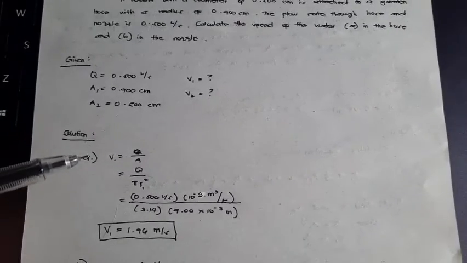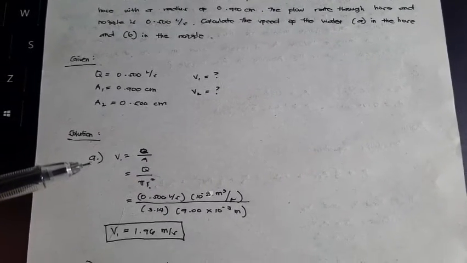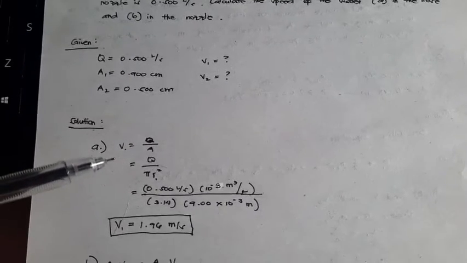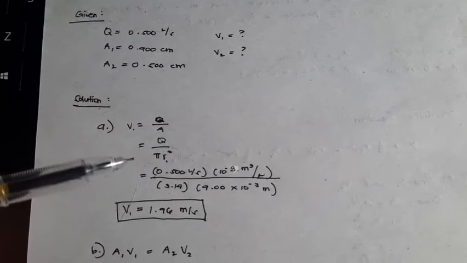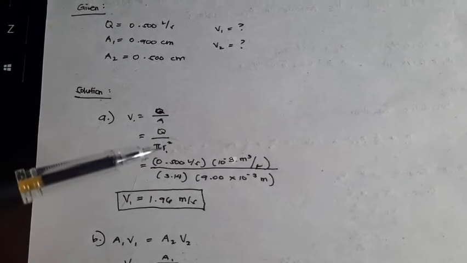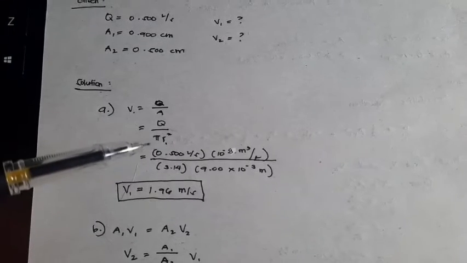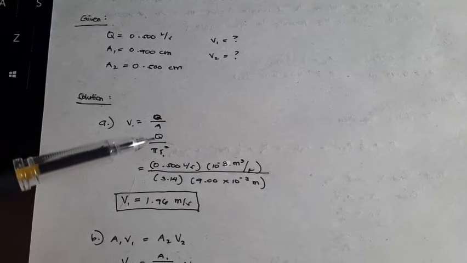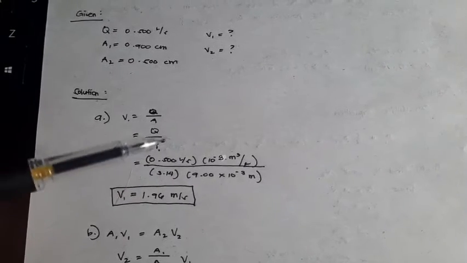So para pangitaon ang speed of the water in the hose, we must use this equation or formula. So it's equal to flow rate over pi r squared. So gi-use nako kana kay ang cross-sectional area kay pi r squared.